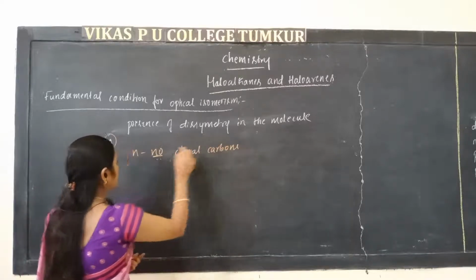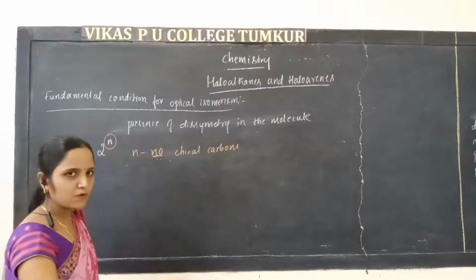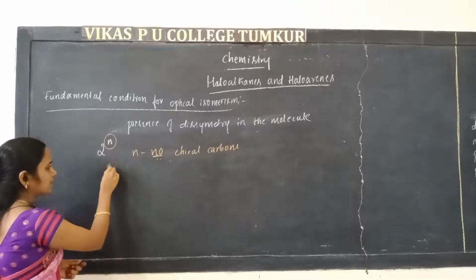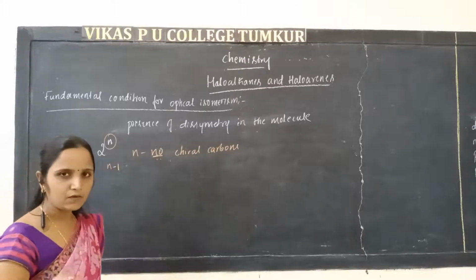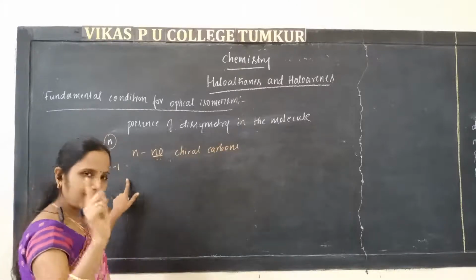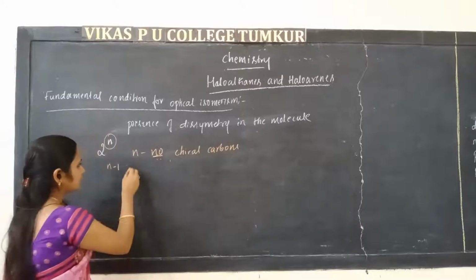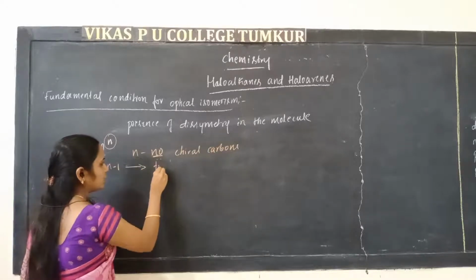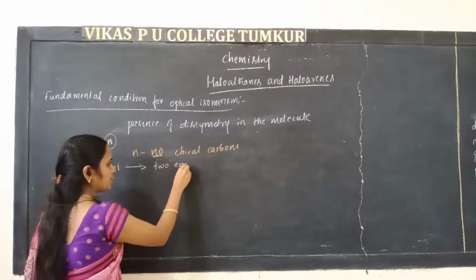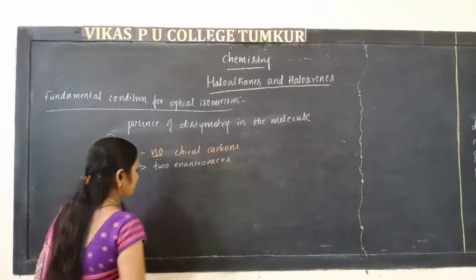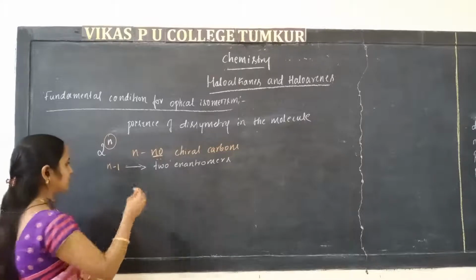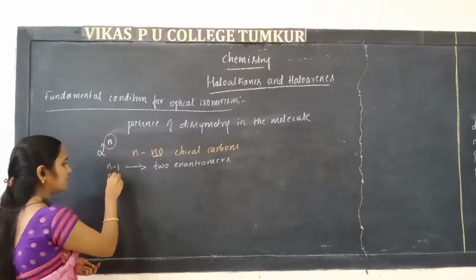Suppose n is equal to 1. If the molecule contains 1 chiral carbon, it is going to exhibit 2 enantiomers.